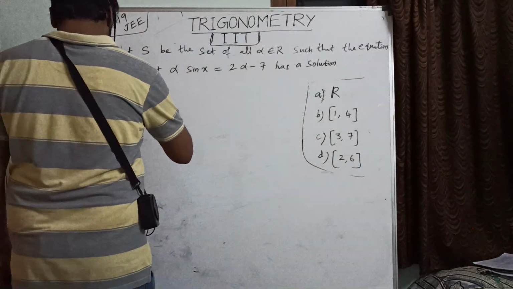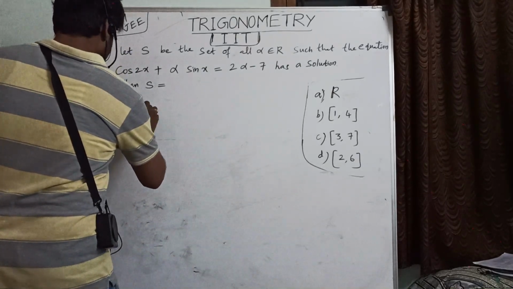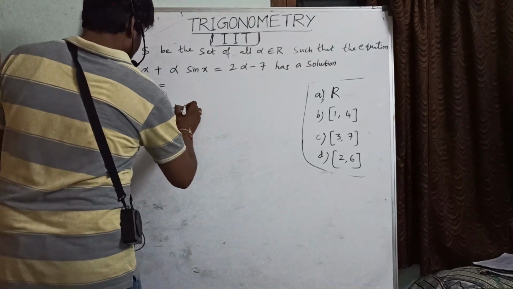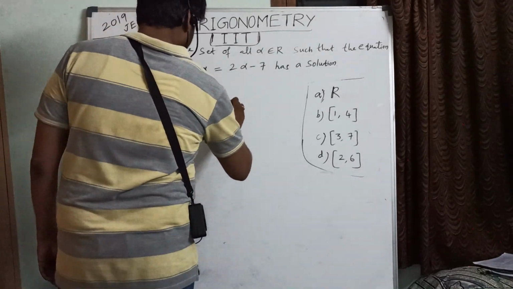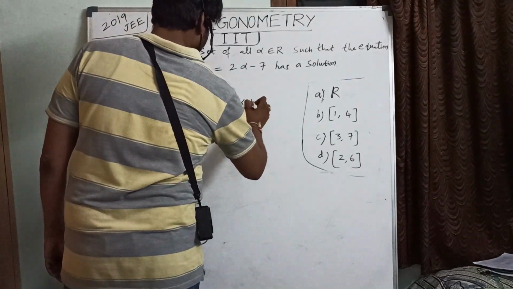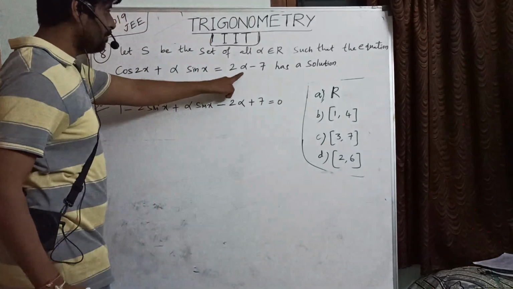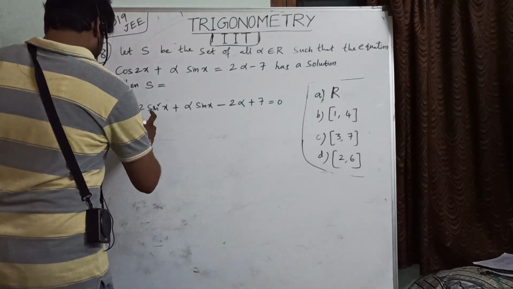Okay, so now cos 2x, what can I write? 1 minus 2 sin square x, I am writing directly here, plus alpha sin x minus 2 alpha plus 7 equal to 0. I am writing all terms together, minus 1 plus 7... Now here, what can I write?